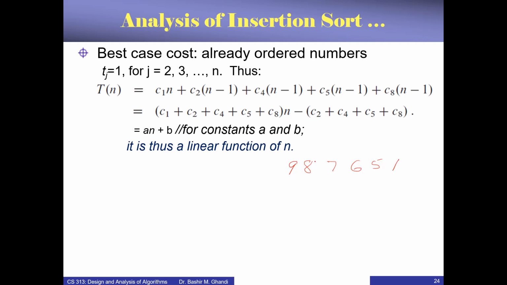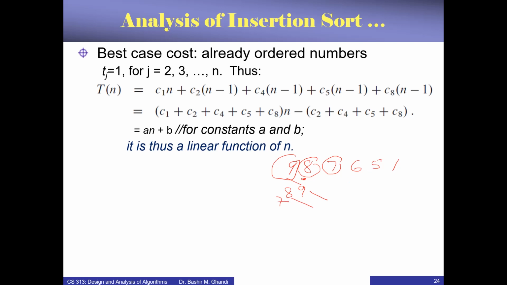So the idea is, each time you pick an element, you have to shift all what is on the right in the sorted list by 1 to find the room for it. So 9 has to move here before you can put 8. When you take 7, you have to shift 9, you have to shift 8 before you can find a place for 7.